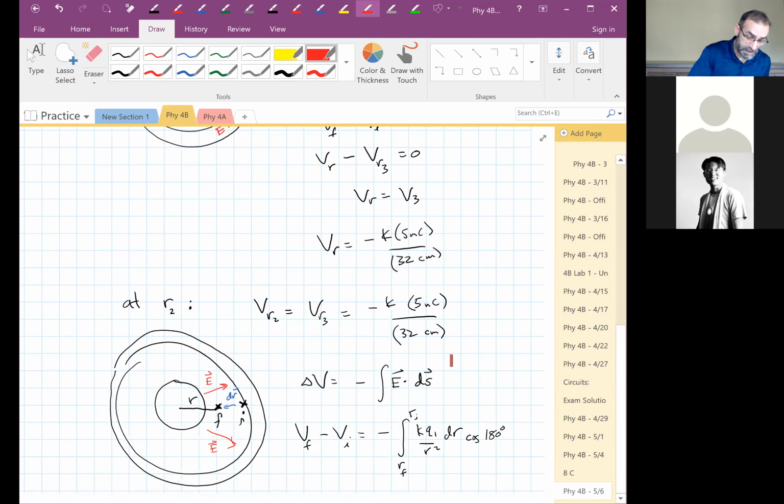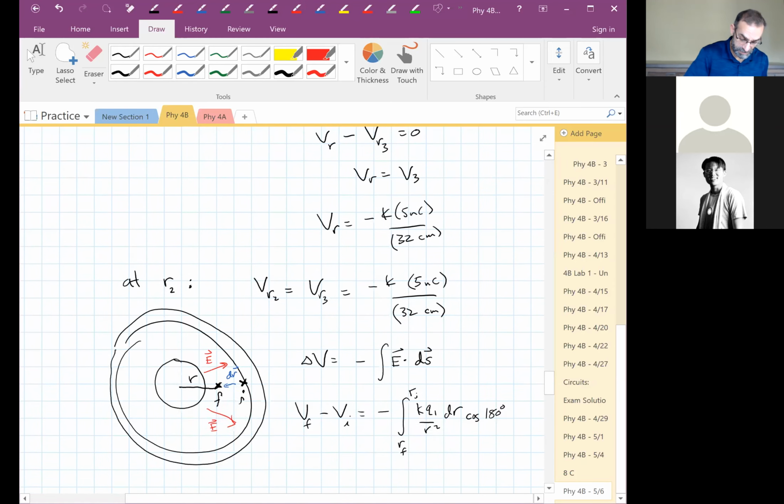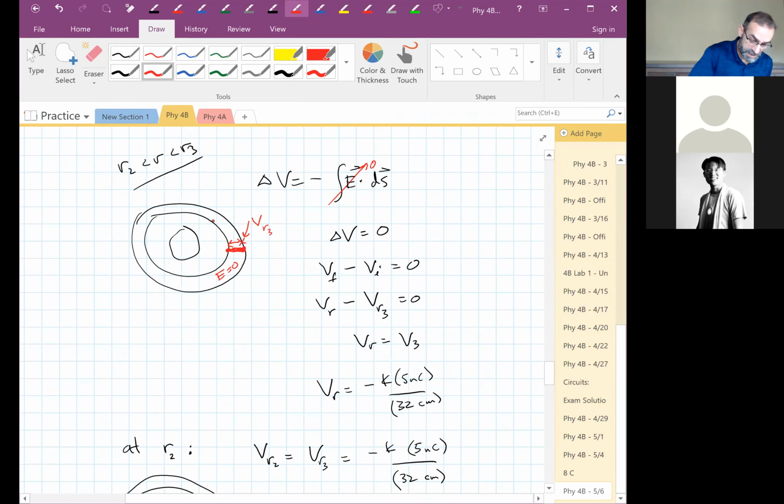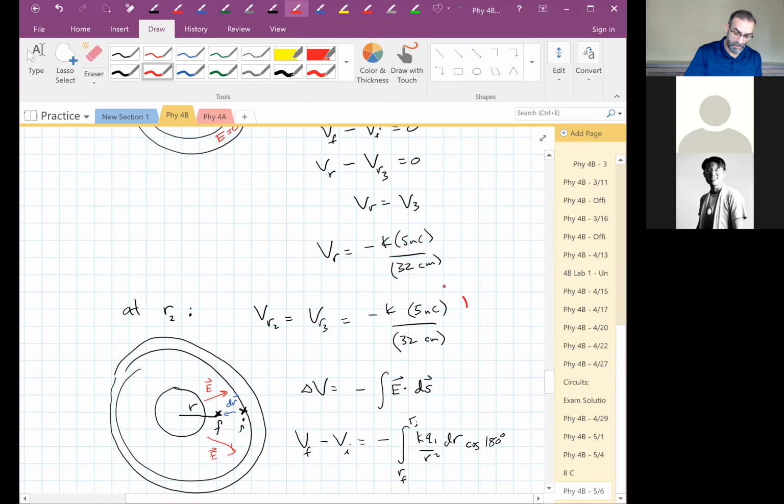We could be at 30 centimeters. 30 centimeters is here. We could be at 31 centimeters. We could be at 32 centimeters. We could be at 31 and a half, right? It doesn't matter. Anywhere on that conductive shell, the potential is the same. And this is what it is. Good?